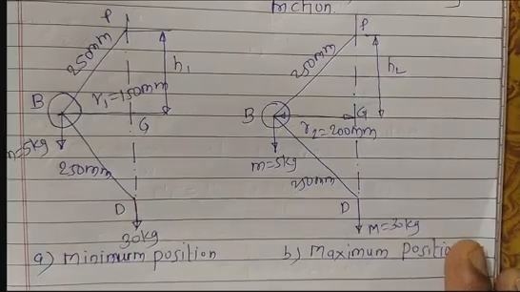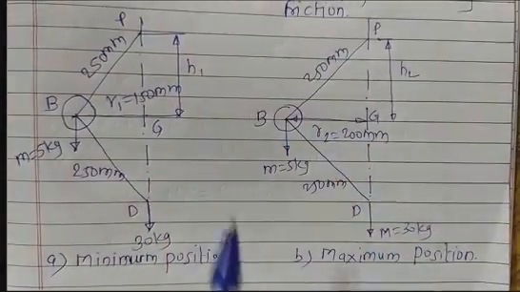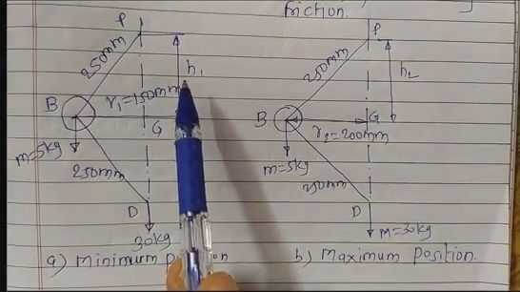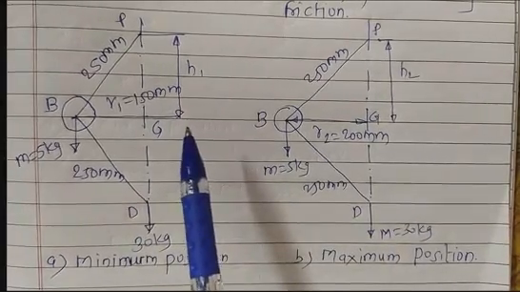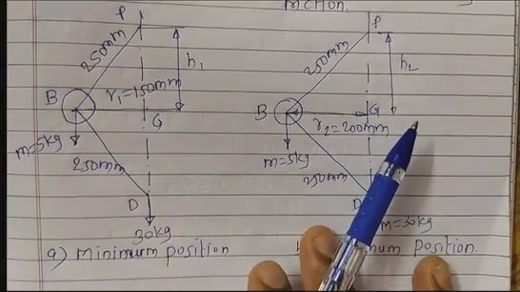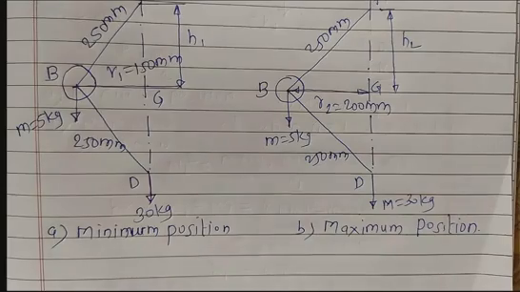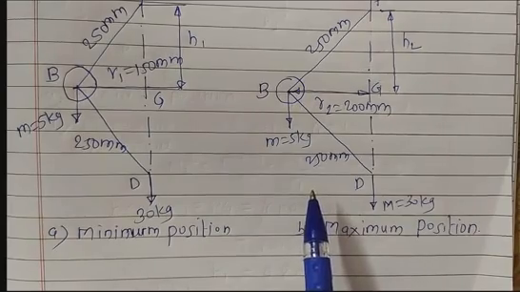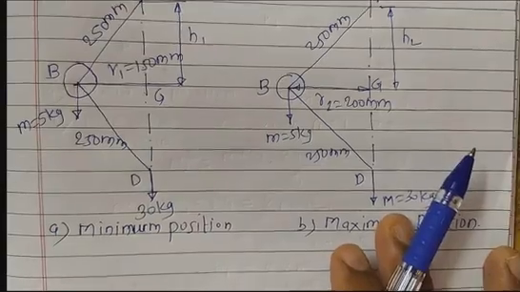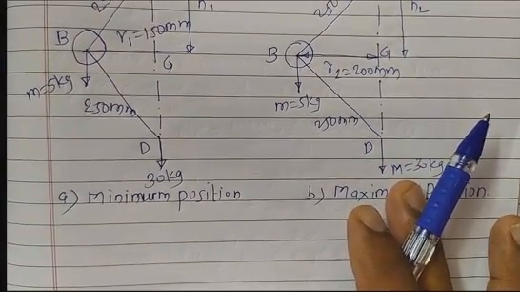First of all, why do we need h1 and h2? If you see the formula in case of the Porter governor, we know that formula. If you remember, N1 square equals small m plus capital M by small m into 895 divided by h1. That's why it is very important to calculate h1 as well as h2.